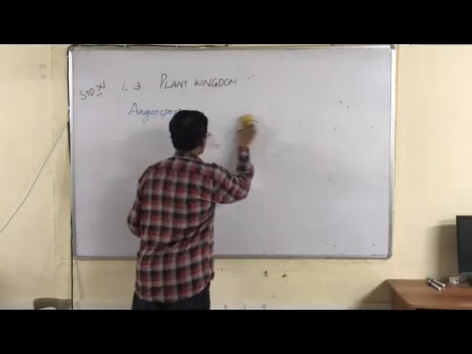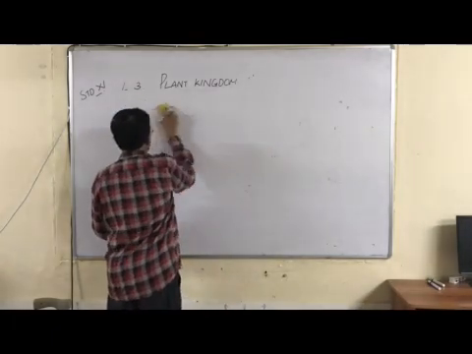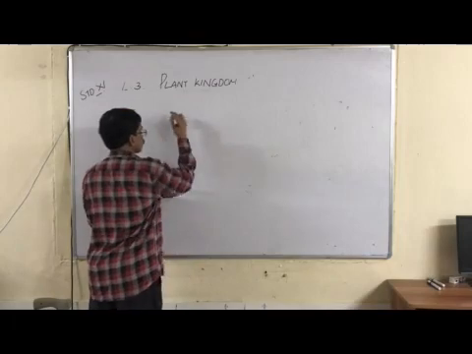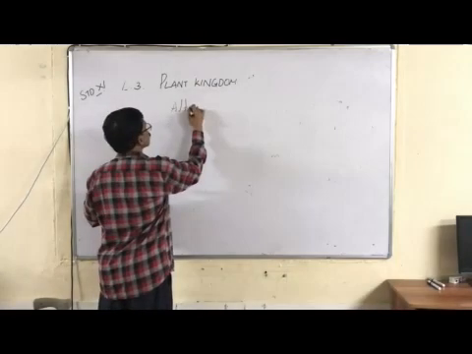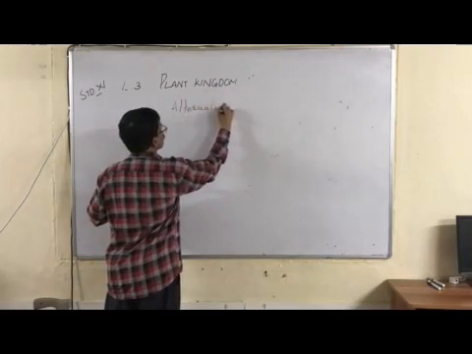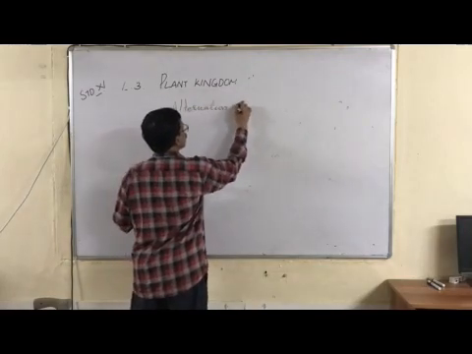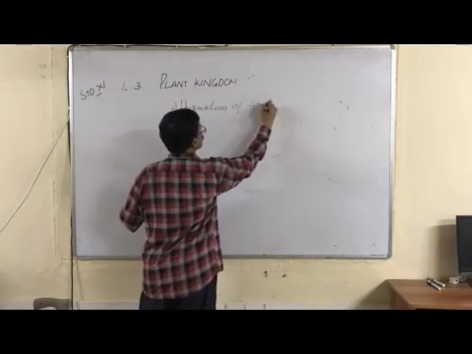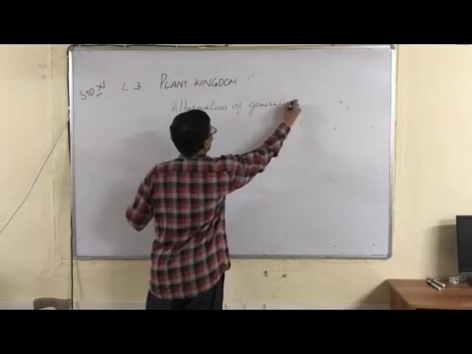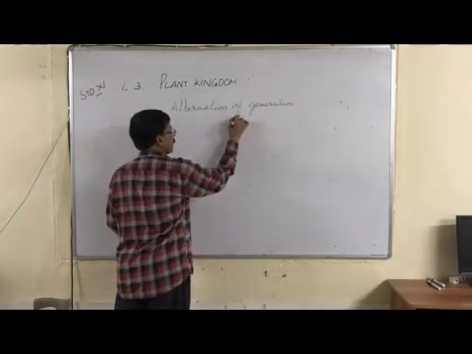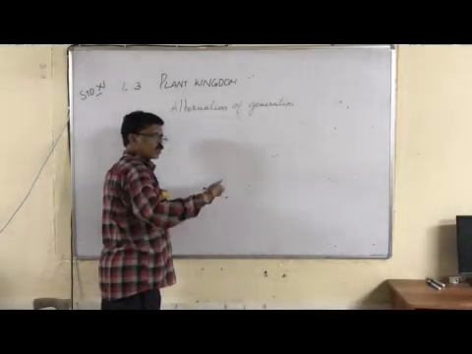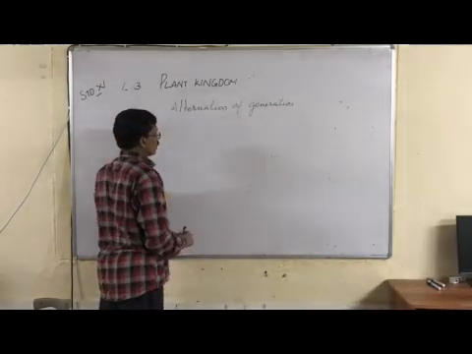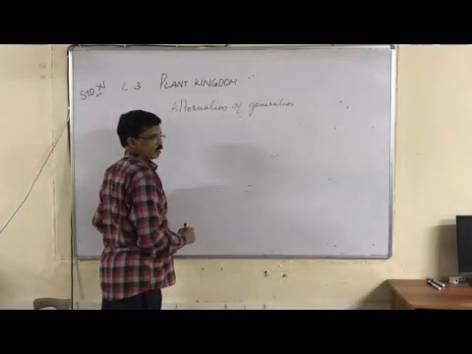Now we are coming to the last part of this chapter, alternation of generation. The life cycle of angiosperms or any other plant contains two stages, gametophytic and sporophytic, alternating with each other. Such a life cycle is called alternation of generation.